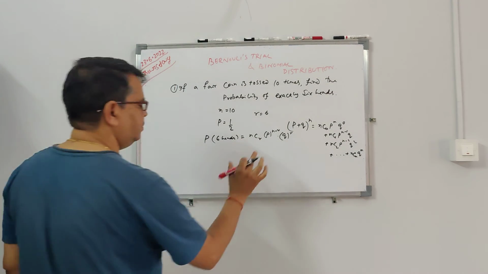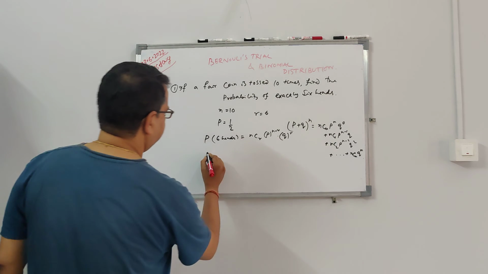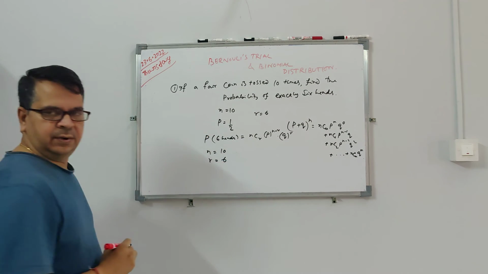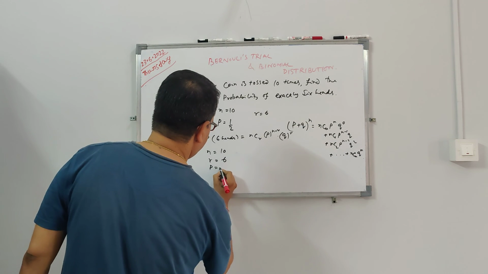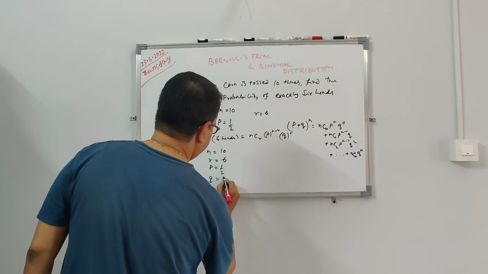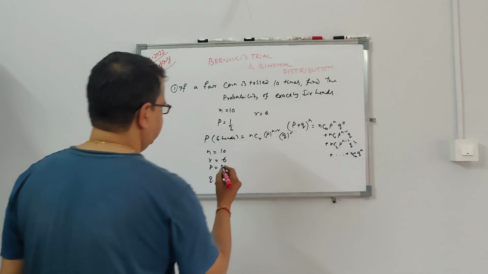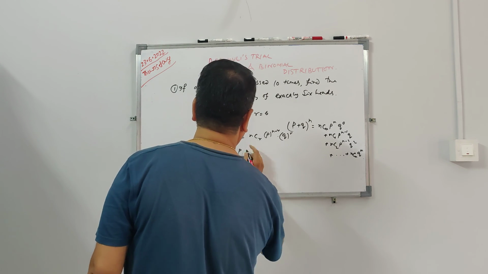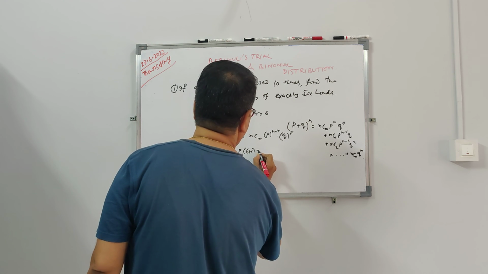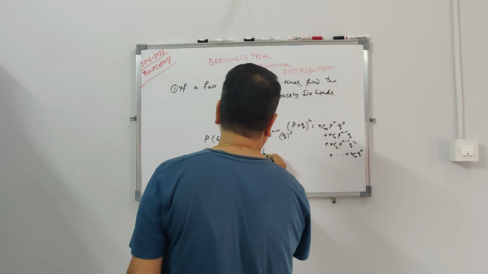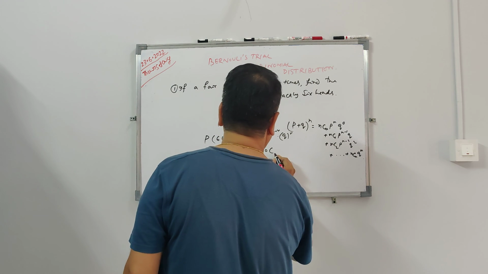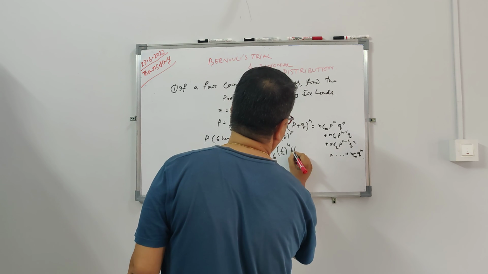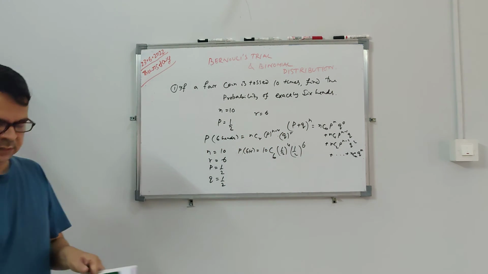Here n is equal to 10, R is equal to 6, P is equal to half, and Q is equal to half. So by replacing, the probability of 6 heads is 10C6 half to the power 4 and half to the power 6. Okay, so this is the answer.